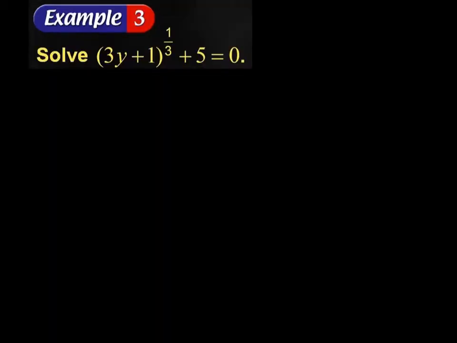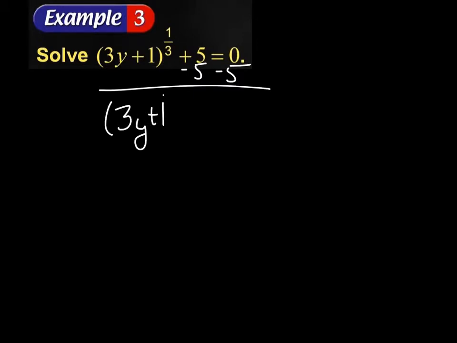The same principles we use to solve square root equations work to solve equations with roots of any index. So we're going to start off by subtracting 5 from both sides to isolate the radical or fractional exponent. And then to undo the 1/3 power, we're going to cube both sides because power of a power, we multiply exponents, and 1/3 times 3 is 1.